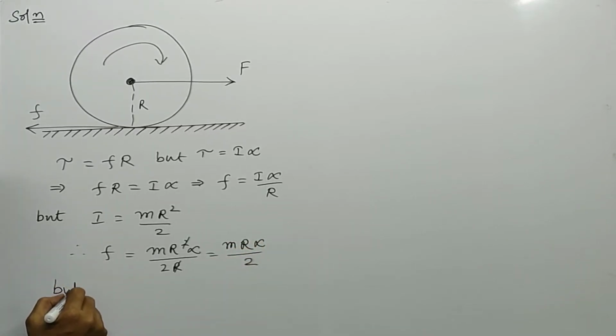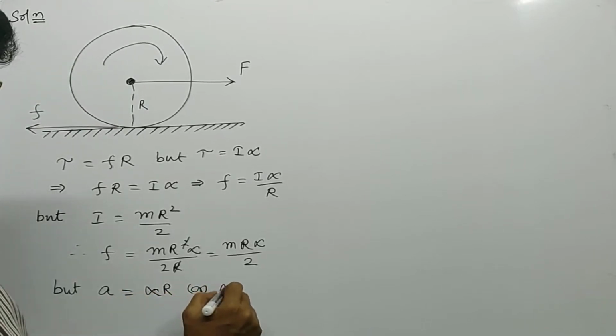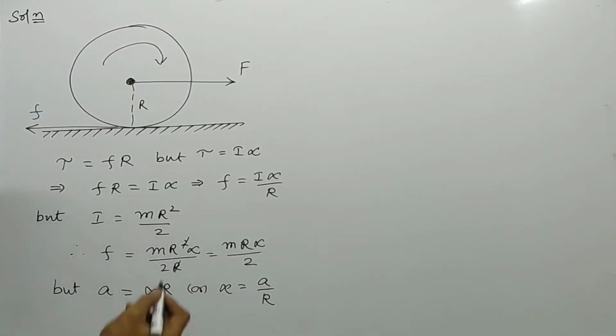But for pure rolling, we have a relation between translational acceleration and angular acceleration, that is A is equal to alpha into R, or angular acceleration alpha is equal to A divided by R.